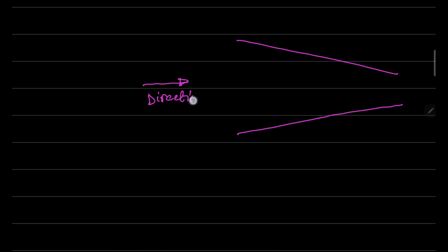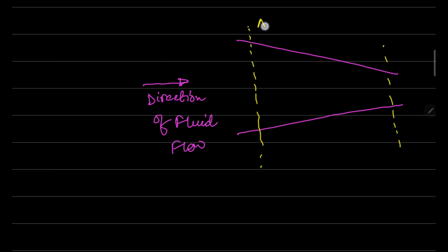For this purpose, we are considering that there is a pipe, and this pipe has a varying cross section such that fluid is flowing in this direction. So this is your direction of fluid flow, and we are considering two sections of this pipe, where let's say this section is AA dash, and this section is BB dash.